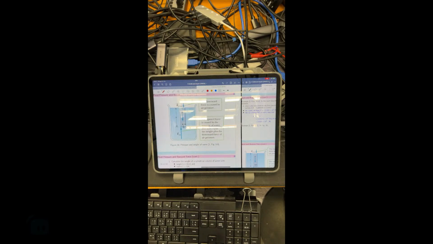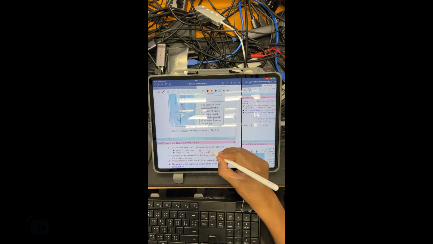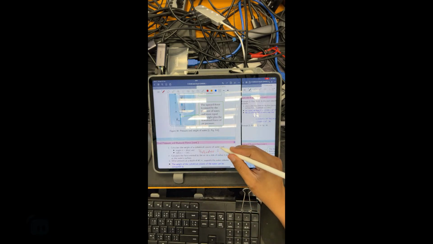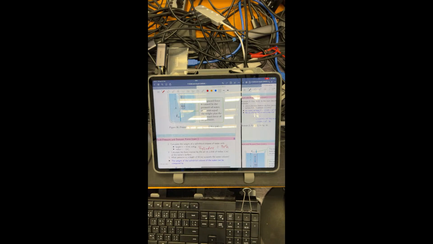Radius is 1 meter. The volume of cylinder is gonna be pi r square h, the cross-sectional area times the height of the water. That's the volume of cylinder.